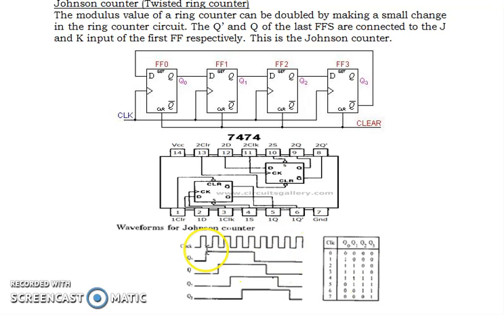This is the waveform for Johnson counter. When you give continuous clock pulses, the output will be obtained as such. There is no specific input required. This is how we have to verify the output for Johnson counter. Thank you.